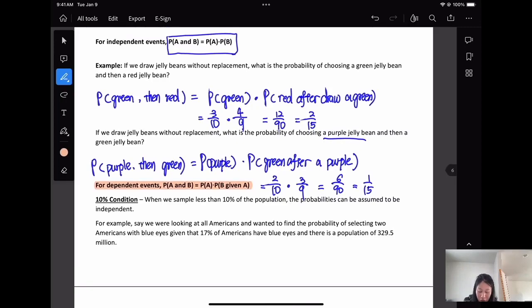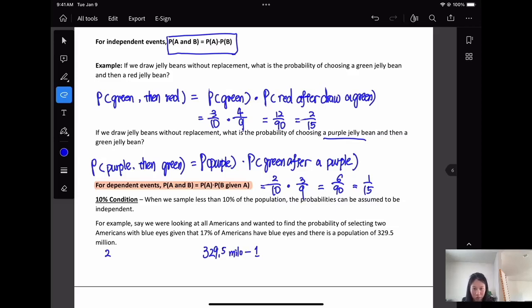For example, say we were looking at all Americans and wanted to find the probability of selecting 2 Americans with blue eyes, given that 17% of Americans have blue eyes and there is a population of 329.5 million. If you're choosing 2 people with blue eyes, after you draw 1 person out, the rest of the number should be 329.5 million subtract 1, right?